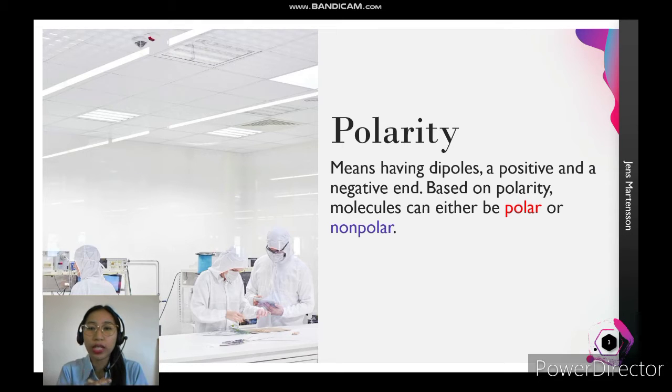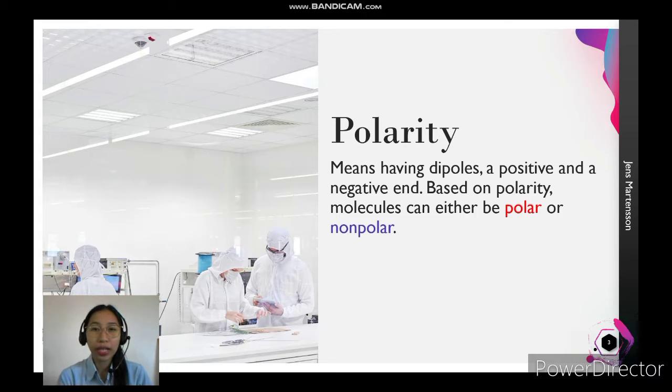For example, a magnet or a battery has two ends, right? So it has a positive side and a negative side. So therefore, that object is a dipole, or has polarity. It means having dipoles, a positive and a negative end.